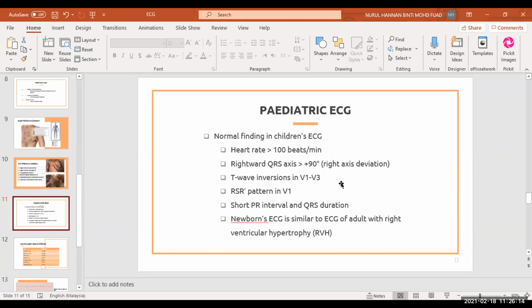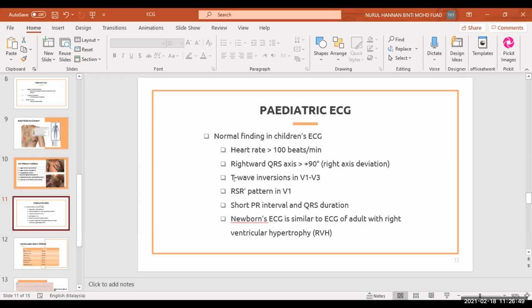Okay, so for the pediatric ECG, some abnormal findings that we find on the adult ECG may be considered normal in children's ECG. For example, a rightward QRS axis, right axis deviation, is considered normal in newborns and in children, and there will be T wave inversions in V1 until V3.